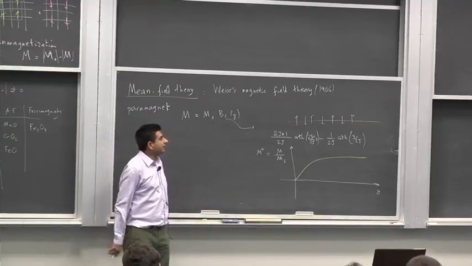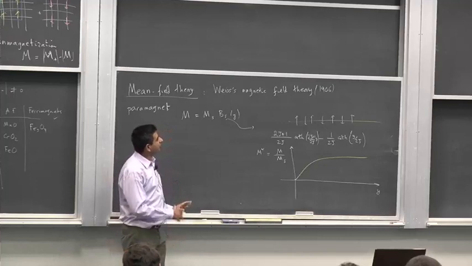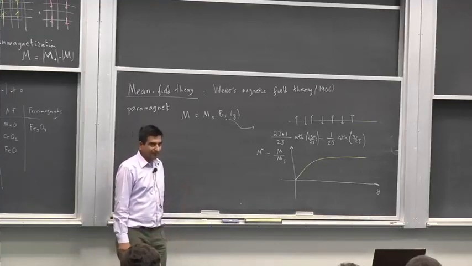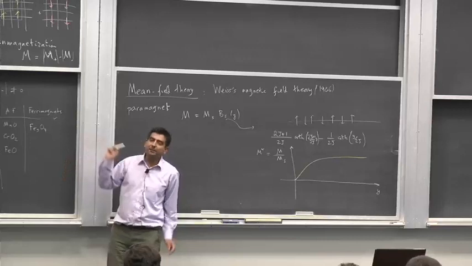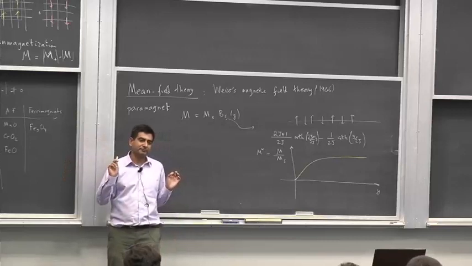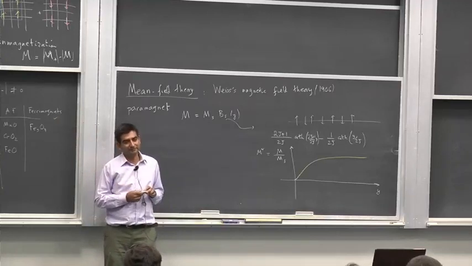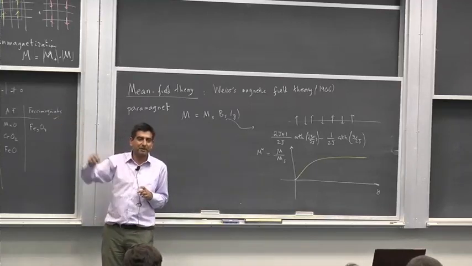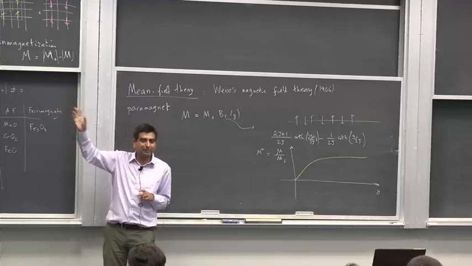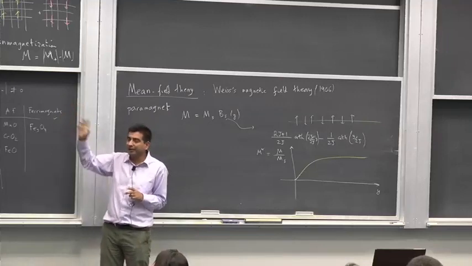Now what Weiss's molecular theory states is that if I have a paramagnet, in order to achieve that kind of ordering, what do I need? I can have this kind of ordering in a paramagnet, I can have it at room temperature. But what do I need for that?